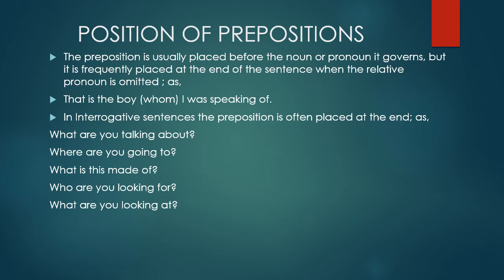For example, such conduct I am at a loss to account for. Okay? The prepositions are sometimes joined to verbs and made part of them to change their meaning or to make intransitive verbs transitive.